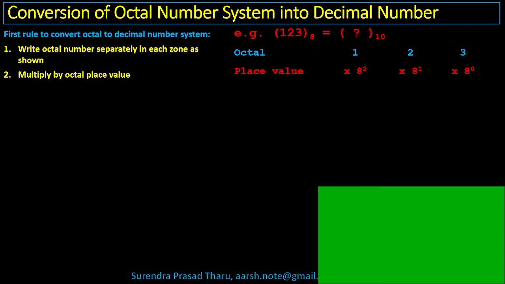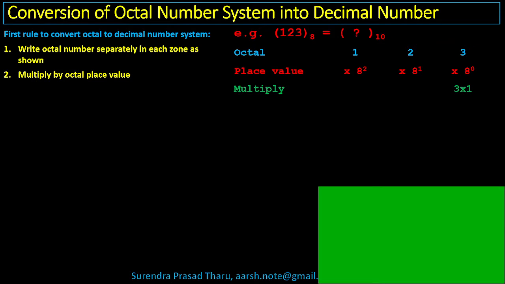If there are more digits in the octal number, we can continue with the powers of 8, like 8 power 3, 8 power 4, up to the nth power. Here we have only three digits, so we have gone up to 2.